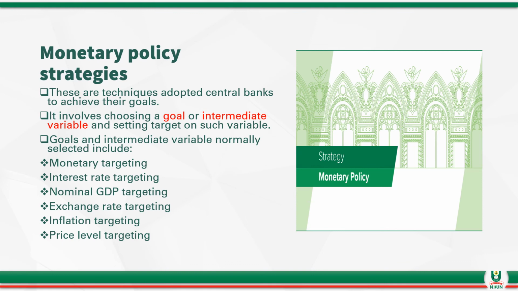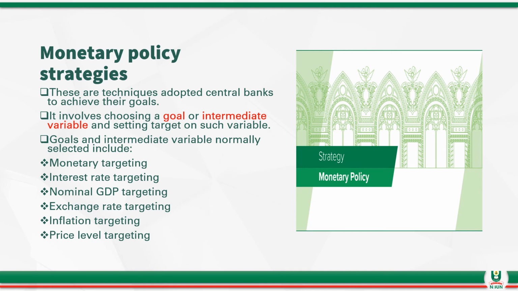So when the central bank wants to actually carry out their function, they tend to choose some goals as their main focus. So we call them target goals, or at times they can choose some intermediate instruments like interest rate, money supply as a target variable. With this target variable, they'll be able to attack and get what they actually want.